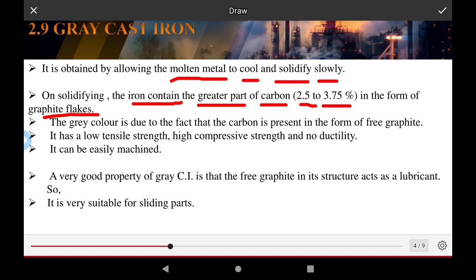The grey color is due to the fact that the carbon is present in the form of free graphite.